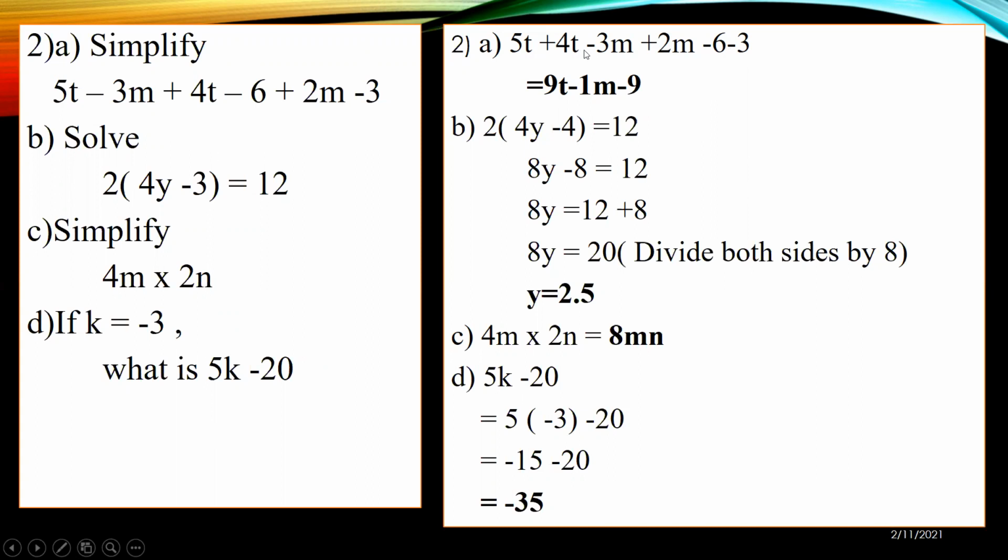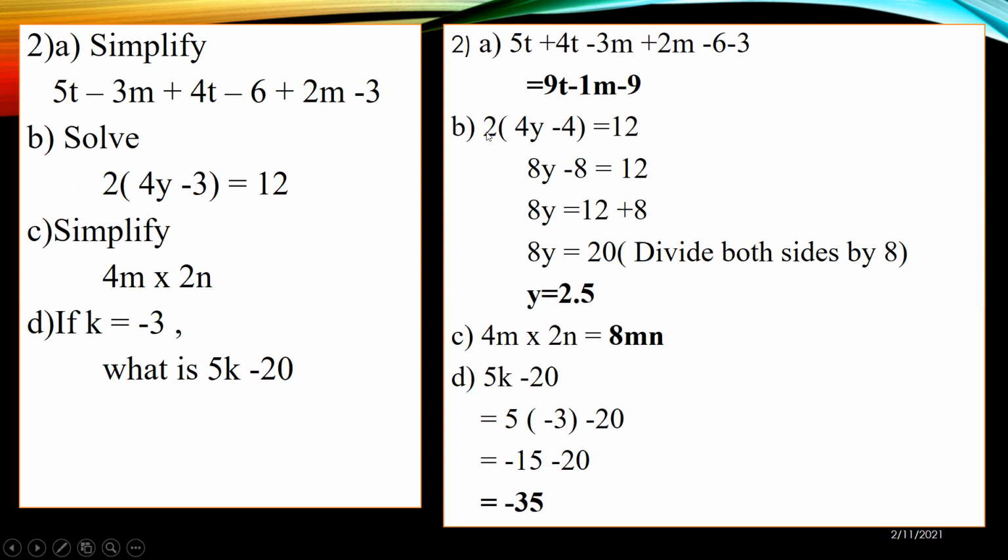So 5t plus 4t, I'll get 9t. Minus 3m plus 2m, signs are different, so 3m minus 2m, I'll get 1m. It's negative 1m or minus m. Then minus 6 and minus 3, I'll get minus 9.